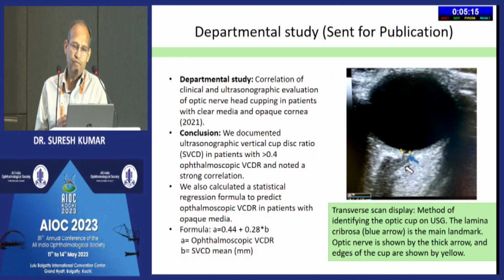In one of our departmental studies, which has been sent for publication, we had two groups: one with clear media where the disc was seen with a 90D lens, and in opaque cornea we did ultrasonography, and we found very strong correlation in discs with cup disc ratio more than 0.4.